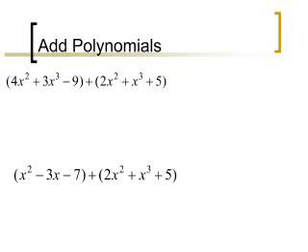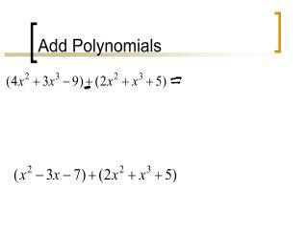So, because this is plus, we know that we don't need to change any of the signs, and we can start to rearrange our expression because we know that addition is associative. So the first thing we'll do is we'll put all the x cubed terms together, because that's our highest degree.